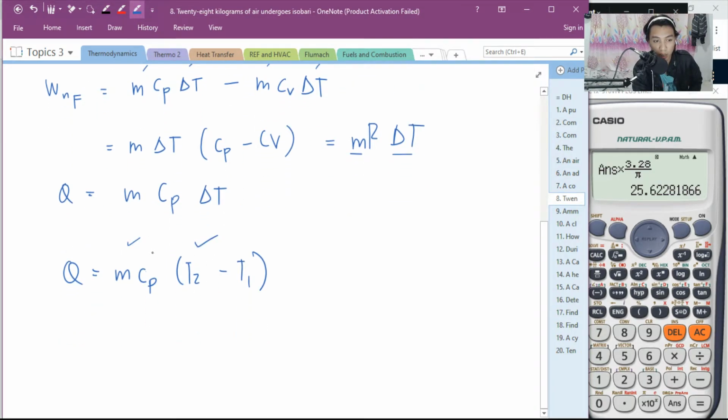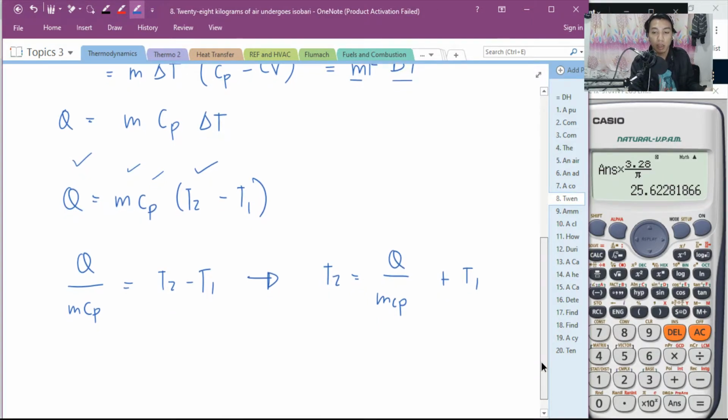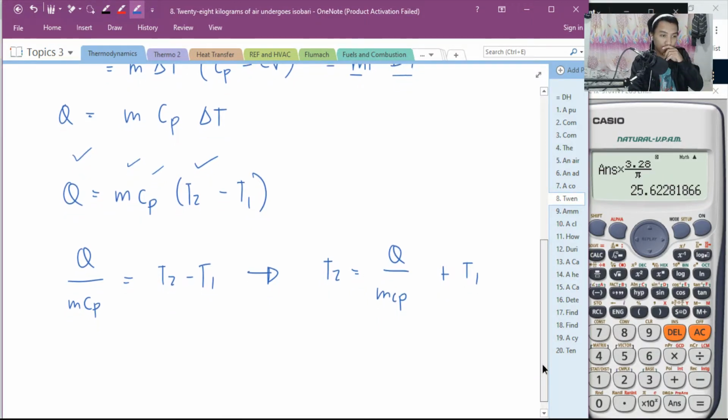Meron tayong M, meron tayong Cp, meron tayong Q. Q over M Cp equal to T2 minus T1. Ngayon, itong hinahanap ko si T2. T2 is equal to Q over M Cp plus T1. Lahat yan dapat naka absolute value.